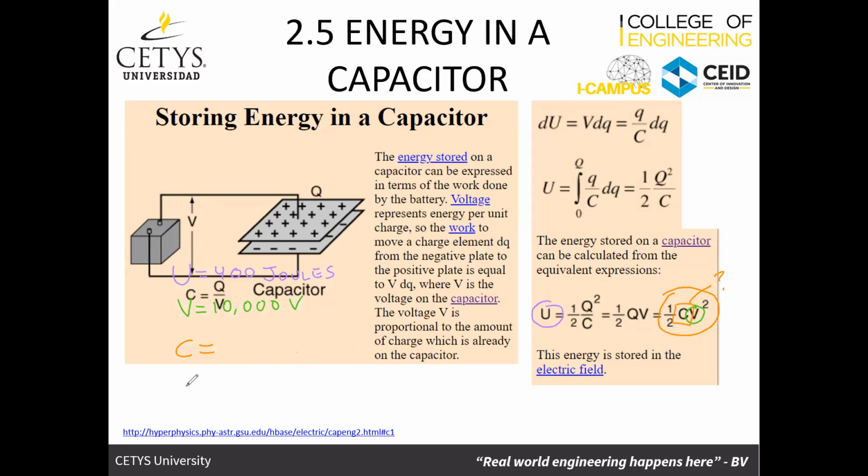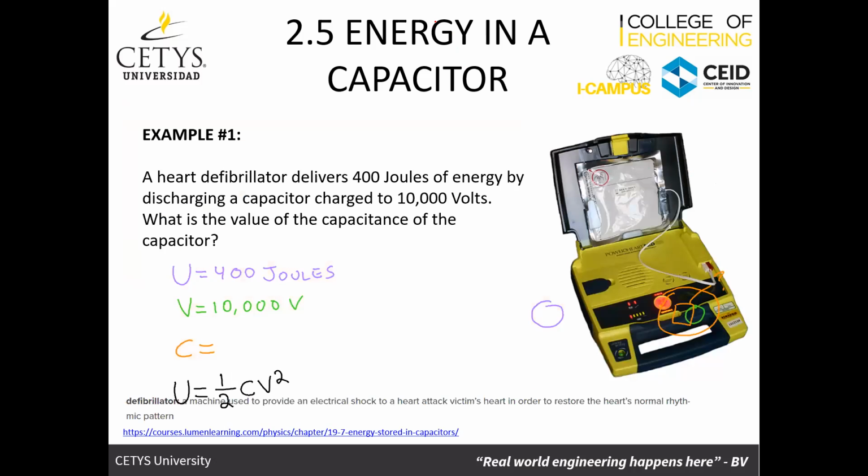We know that U is equal to 1/2 of capacitance times voltage squared.